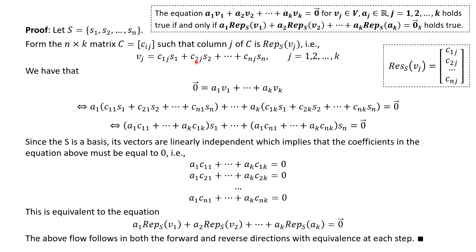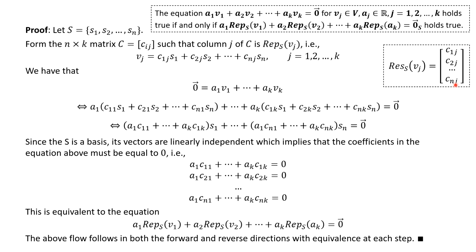We needed double subscripts to do that, and I've shown v sub j equals c sub 1j times s1, c sub 2j times s2, all the way up to c sub nj times sn. So this is the representation of v sub j in terms of the basis S.